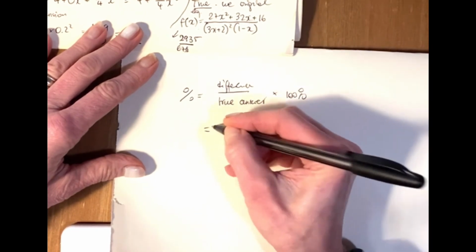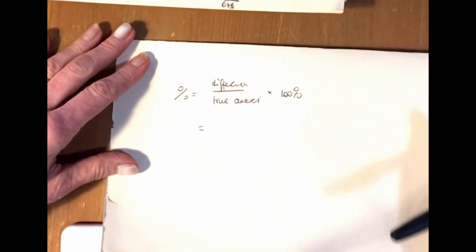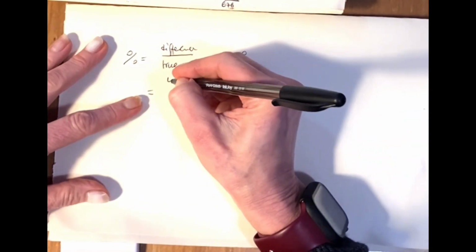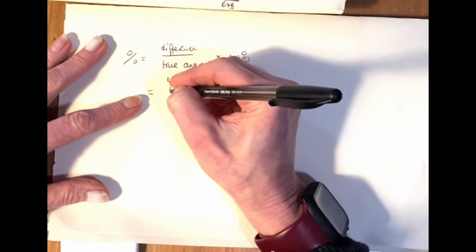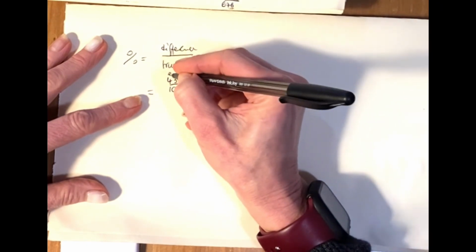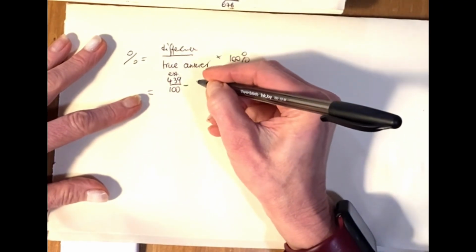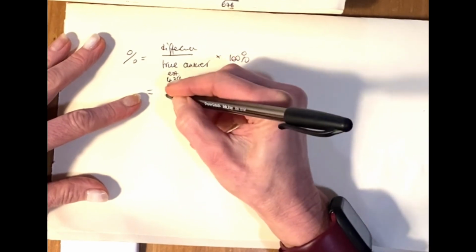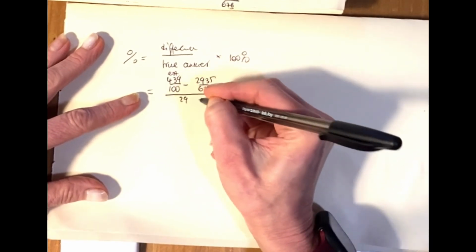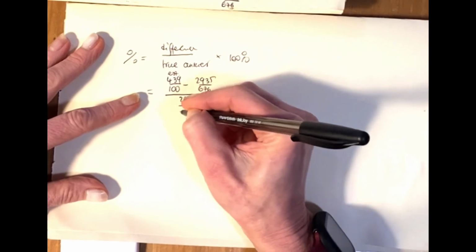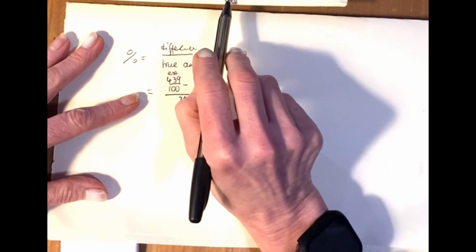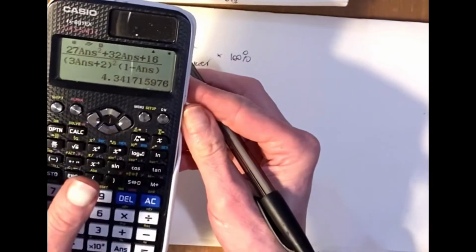The difference between the estimate and the true answer is 439 over 100, that's the estimate, minus the true answer, over the true answer. I can see that the estimate is bigger than the true answer, because the true answer was 4.34.